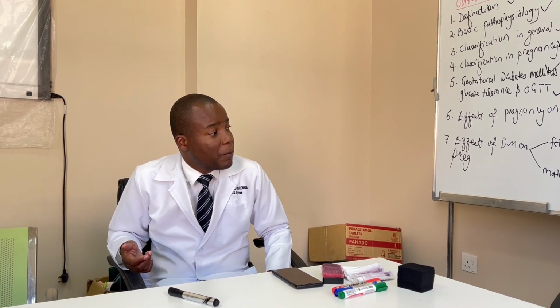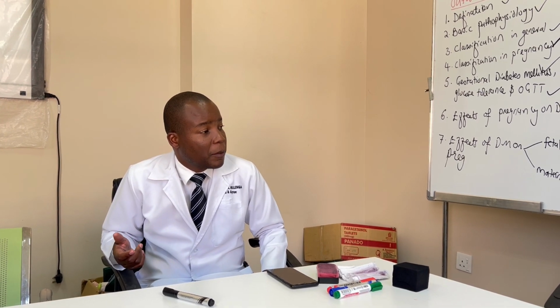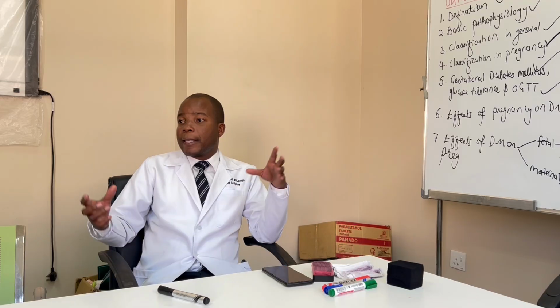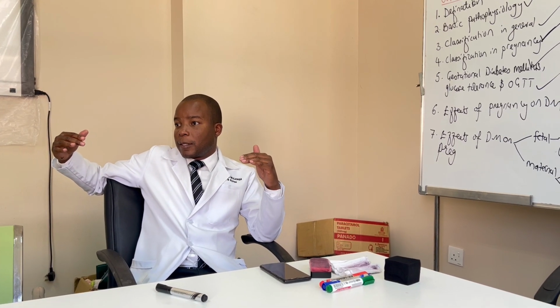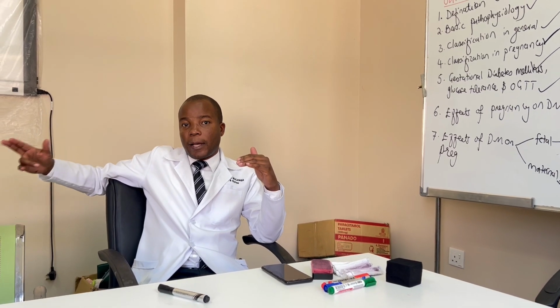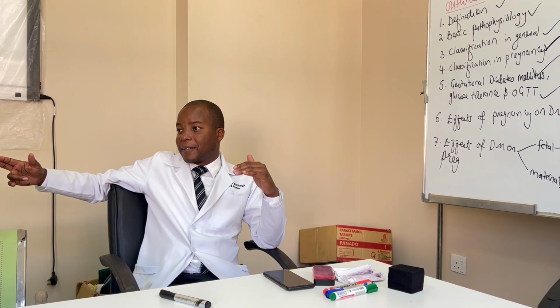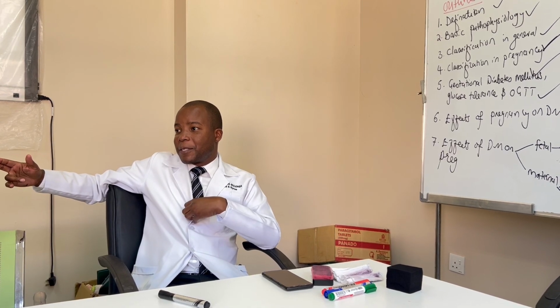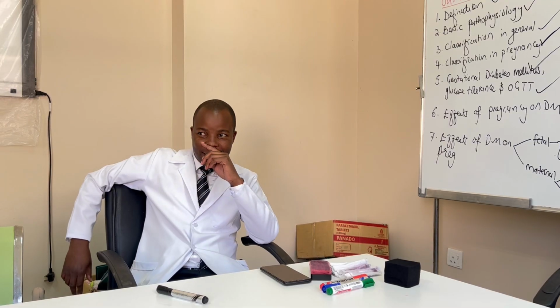Then the other problem which will be there, obviously, is that when the baby is born, remember you had a lot of sugar in the baby and a lot of insulin. When the baby is born, you cut the umbilical cord, you've stopped the sugar flow, but the baby remains with its pancreas and insulin. So what will happen?